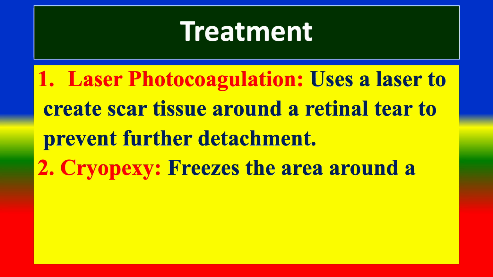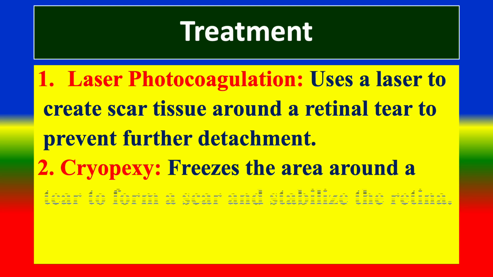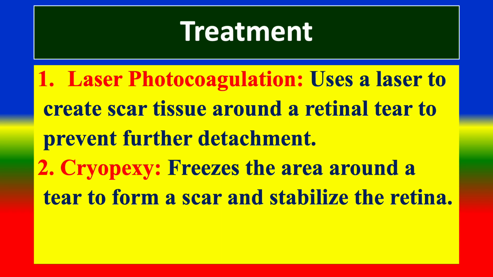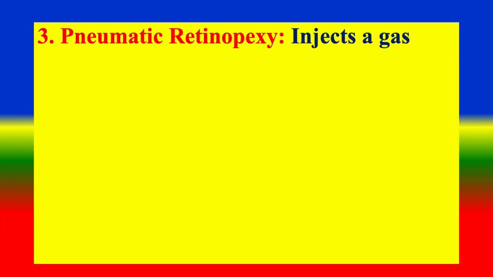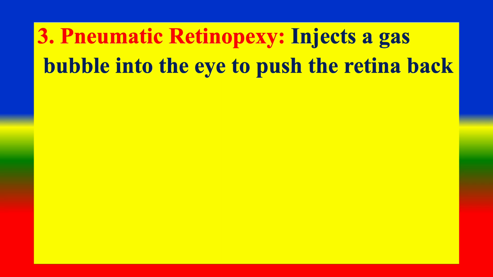Cryopexy freezes the area around a tear to form a scar and stabilize the retina. 3. Pneumatic retinopexy injects a gas bubble into the eye to push the retina back into place.